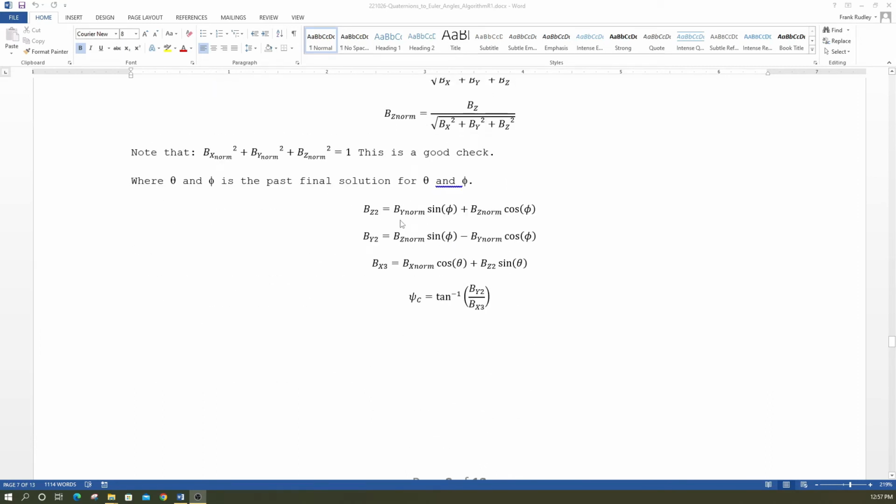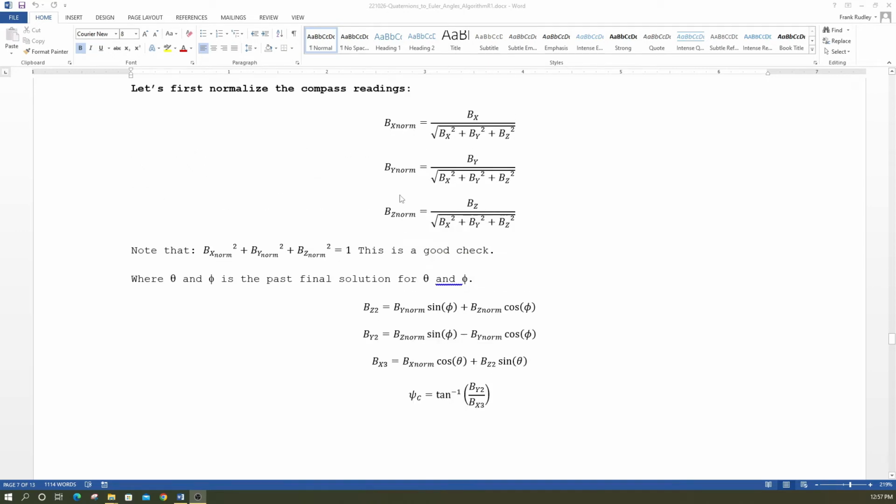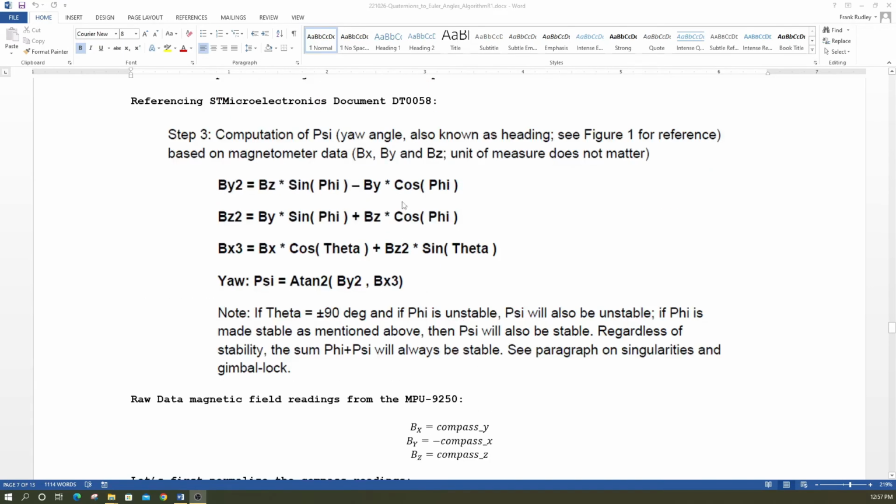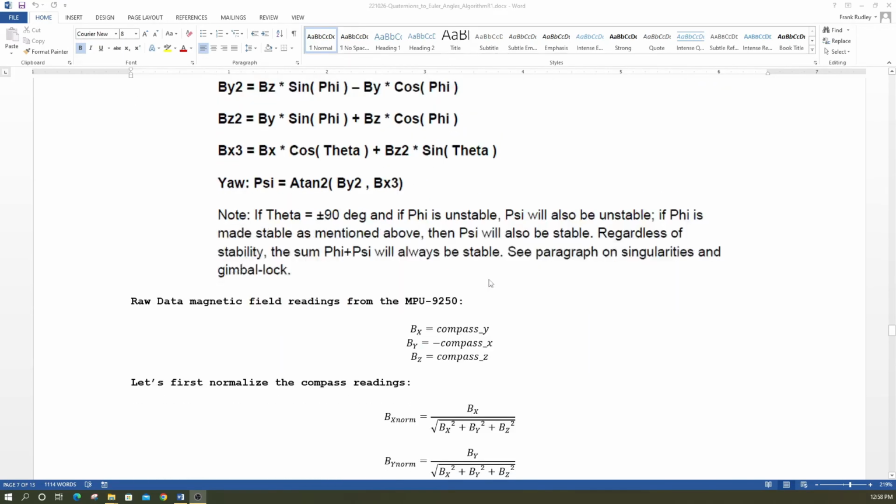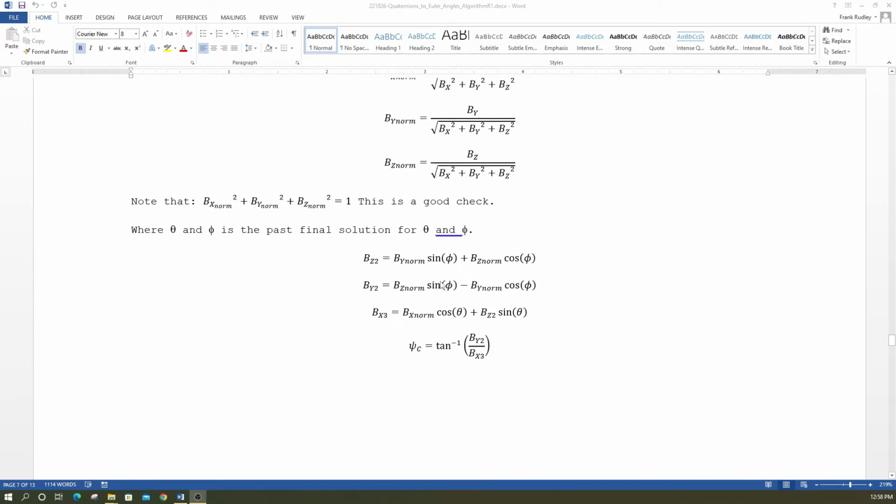So Bz2 is equal to the Y component times the sine of phi plus the Z component times the cosine of phi. Phi and theta here in these equations are the final solution, the past final solution. So in my computations, I take the past phi and the past theta and feed that back in. You can see the phi's here and the theta, it's the same equation.